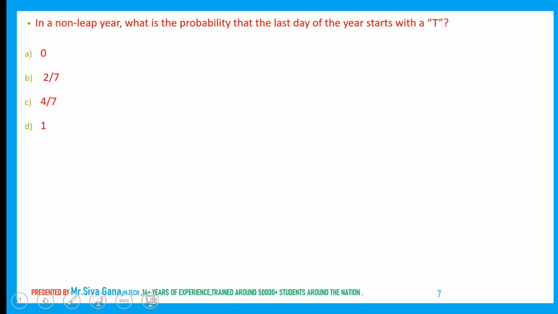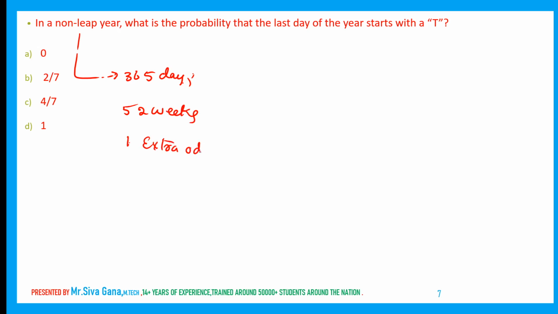In a non-leap year, what is the probability that... non-leap year in the sense 365 days, which is 52 weeks and one extra day. That one extra day is nothing but the odd day. This extra day will play a vital role.